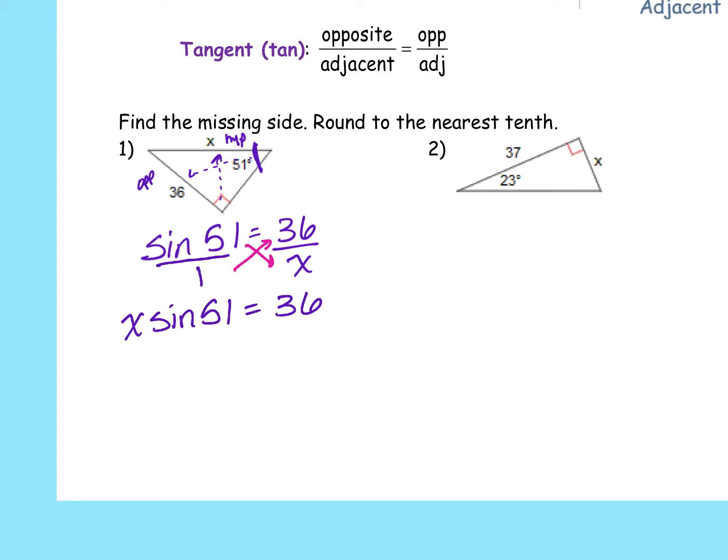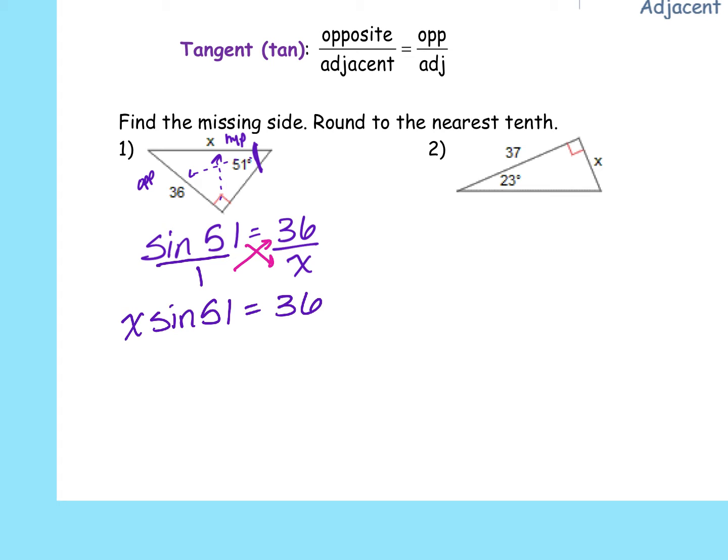And I still want to solve for x, so what do I need to do now? If I want to get x by itself, what do I need to do? Anybody? It's x times sine of 51, right?